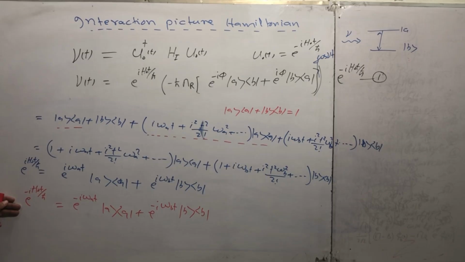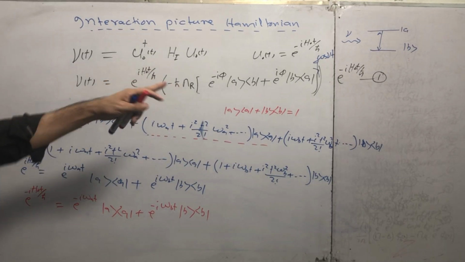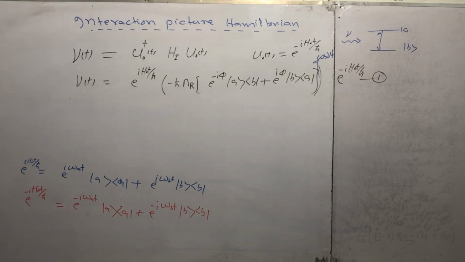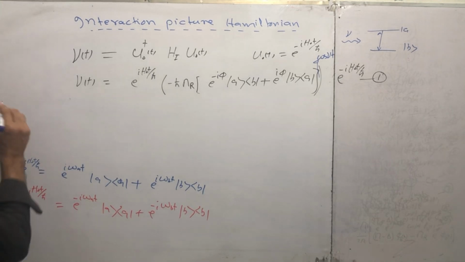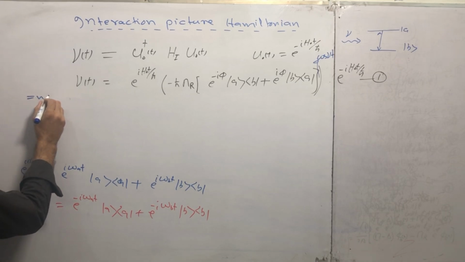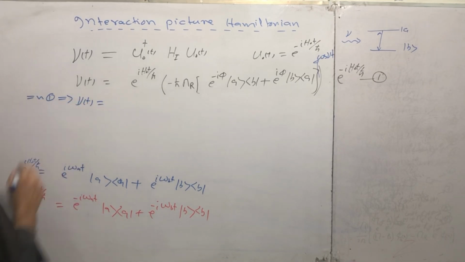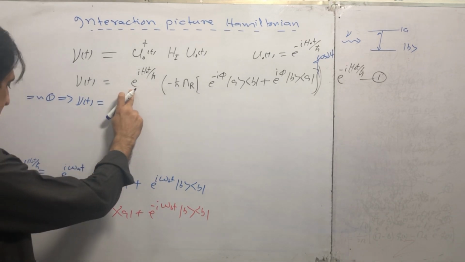So we will follow equation 1, putting the value of this exponential and this exponential. So equation 1 implies we can put the value of this exponential.